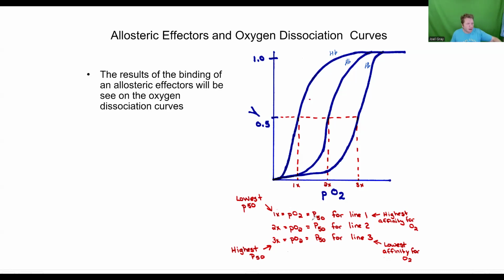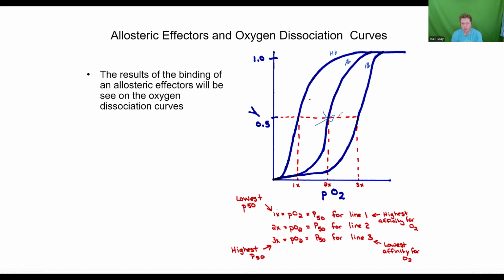Now, if you were to compare these curves to one another, let's start with the one in the middle. How would you describe the other curves with respect to it? I'd like to narrow your focus and your terminology. Would you describe them as a shift to the left, to the right, up, down? How would you describe them?